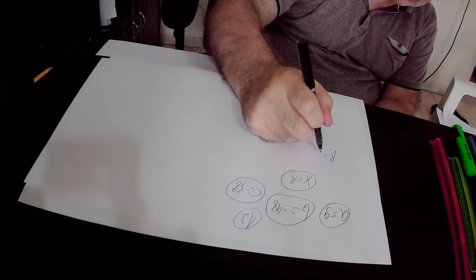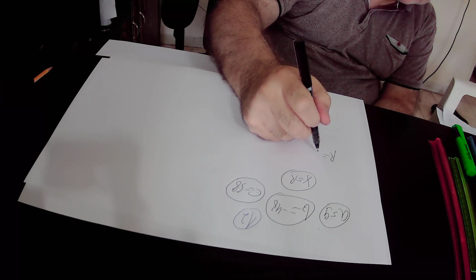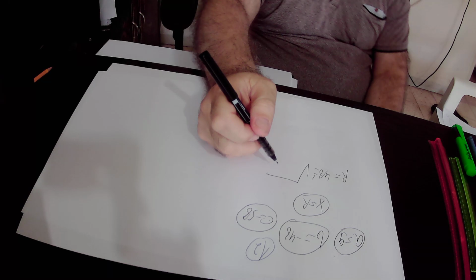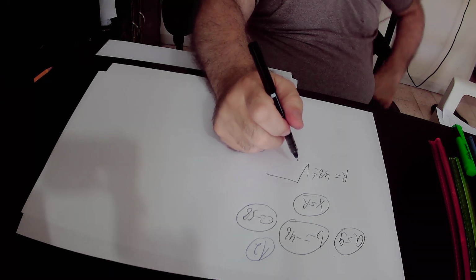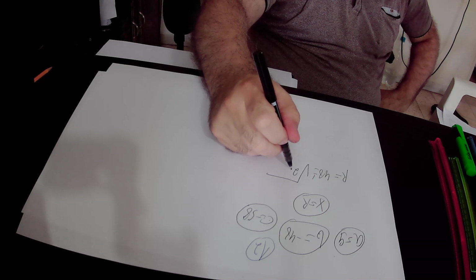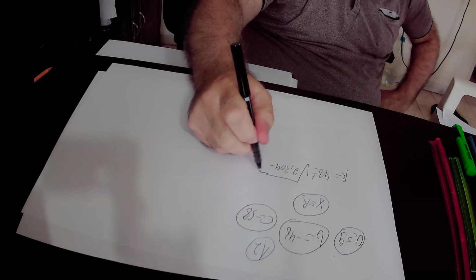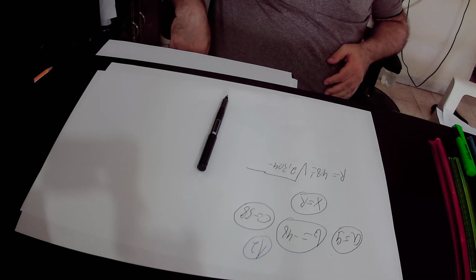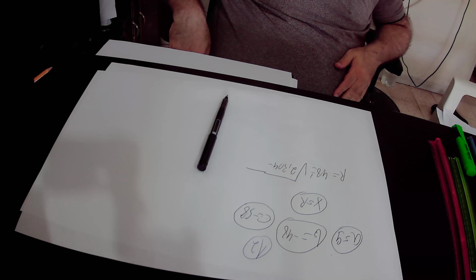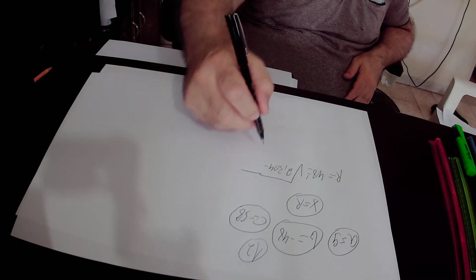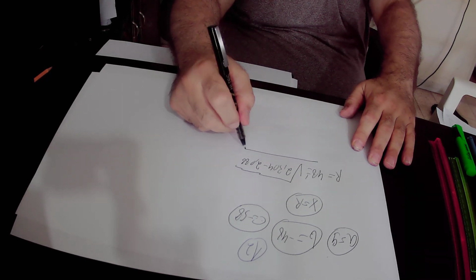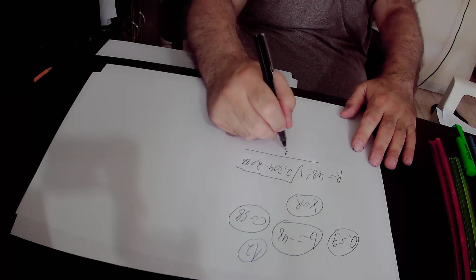So R equals minus b. b is minus 48, so minus b is plus 48, plus or minus the square root of b squared. b is minus 48, so b squared is 2304, minus 4 times a, which is 9, so minus 4 times 9 is minus 36, and minus 36 times c, which is 58, is minus 2088, over 2a. a is 9, so 2a is 18.